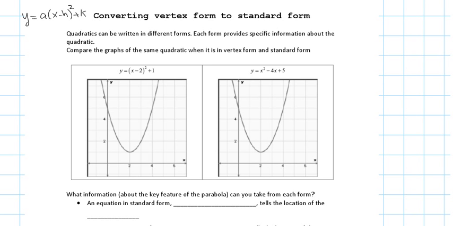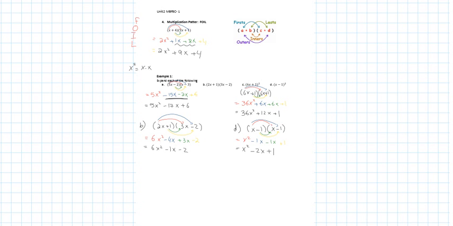The standard form looks like this: y equals ax squared plus bx plus c, where a, b, and c are numbers. If you go back to what we just did earlier, we wrote this right here.